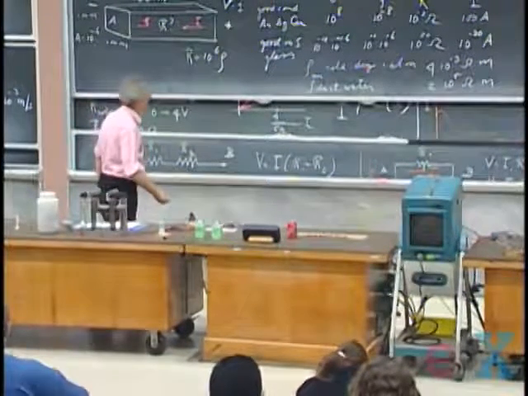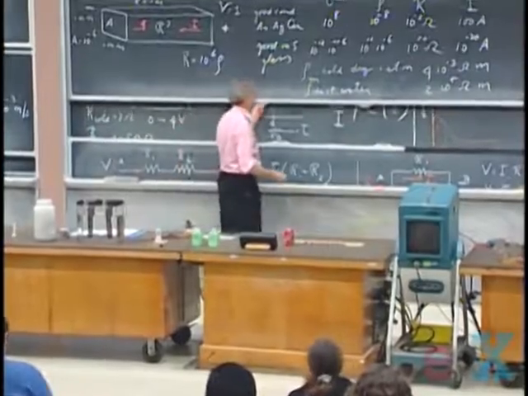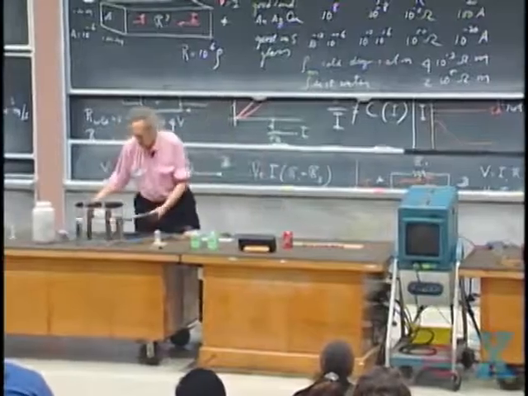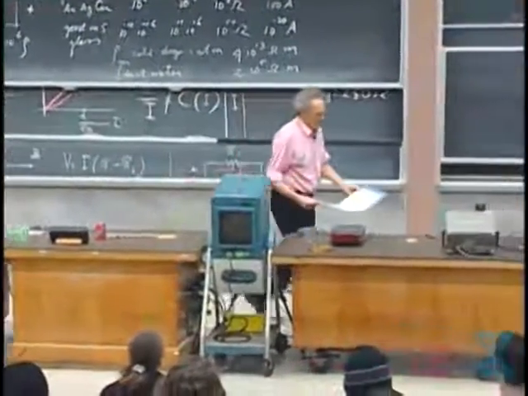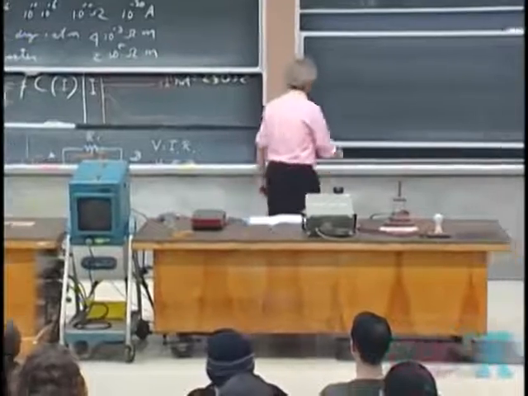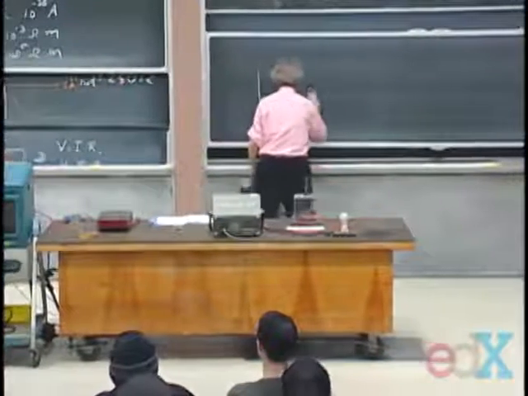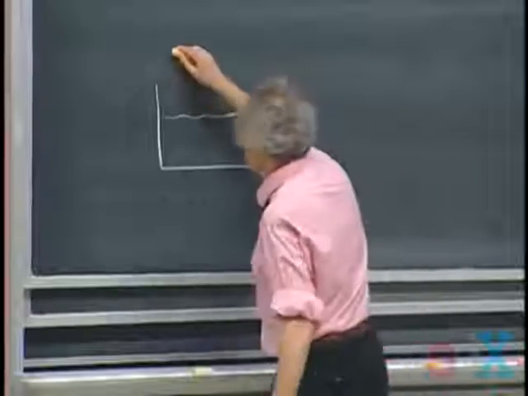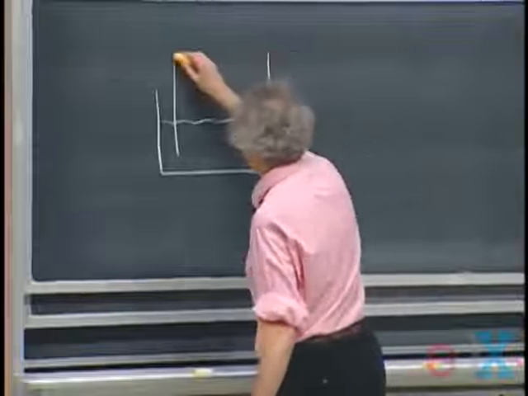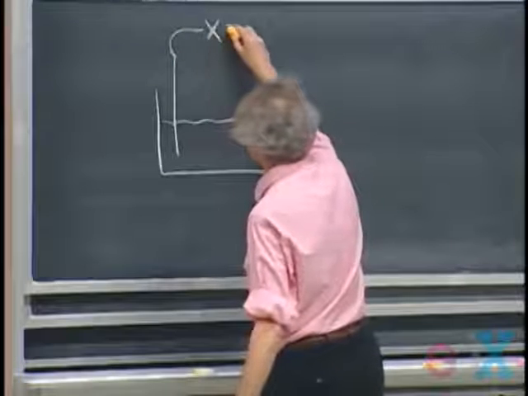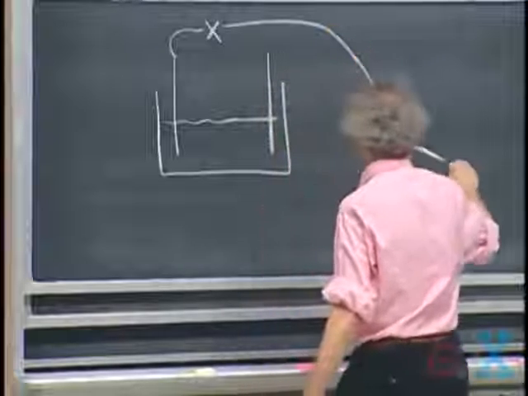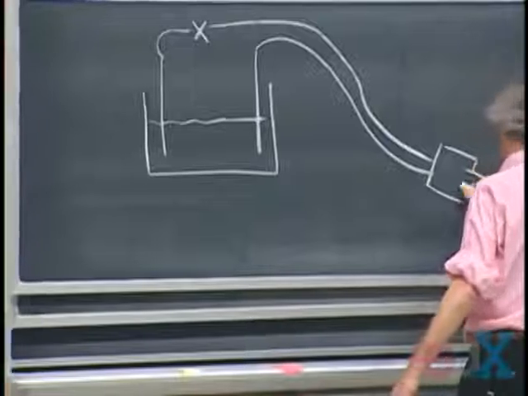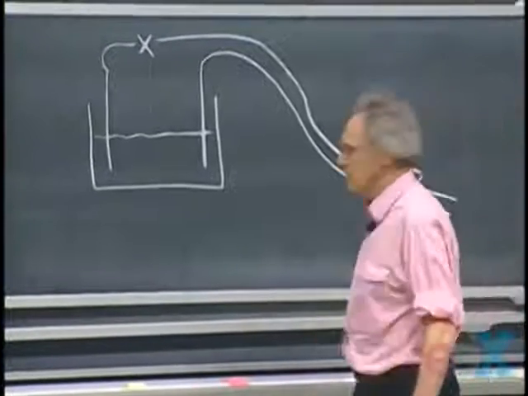I have here a bucket of distilled water. I'll make a drawing for you on the blackboard there. So here is a bucket of distilled water, and in there is a copper plate, another copper plate, and here is a light bulb, and this will go straight to the outlet.